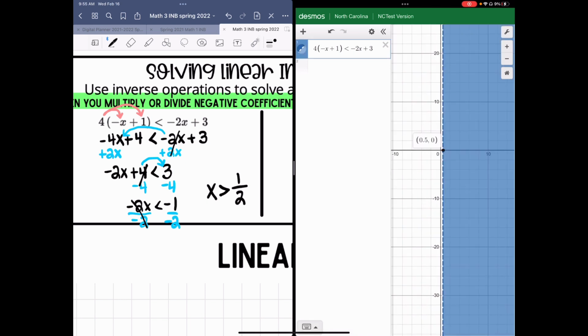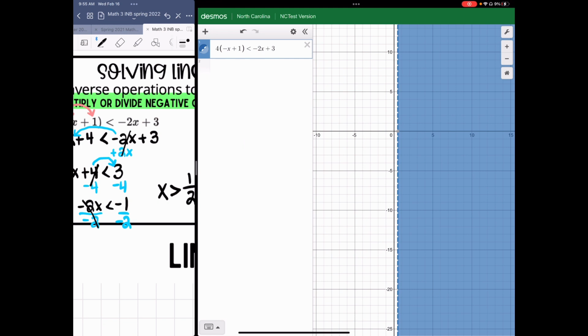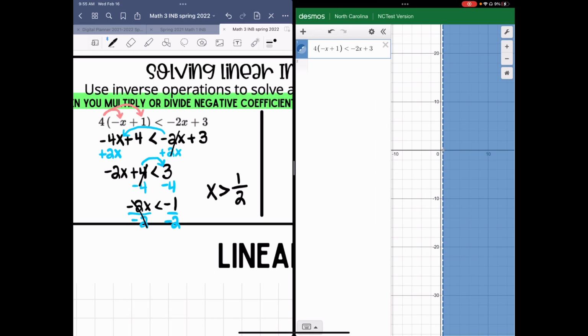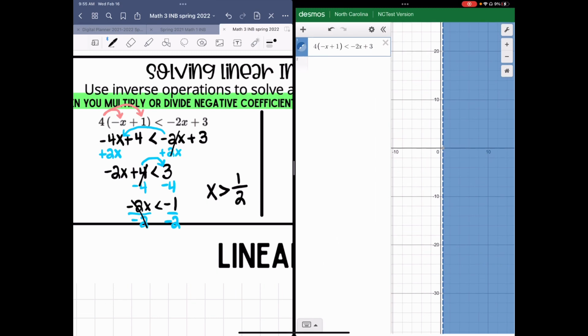Well, if I look at that shading, think about it like a number line, where my negatives are on the left and my positives on the right, on the x-axis. I have positive 0.5. All the shading is greater than that. So therefore, it is a greater than function, which is exactly what we got right there.